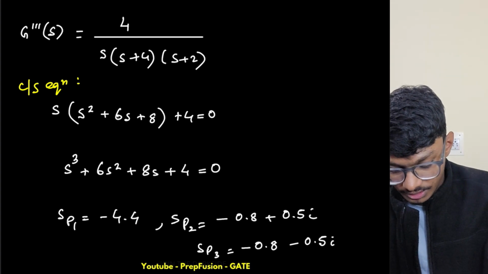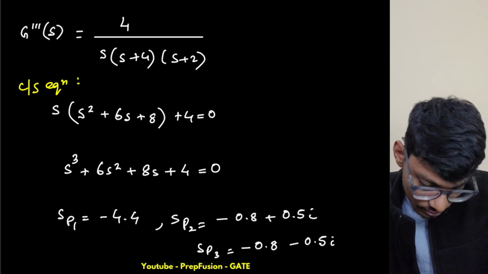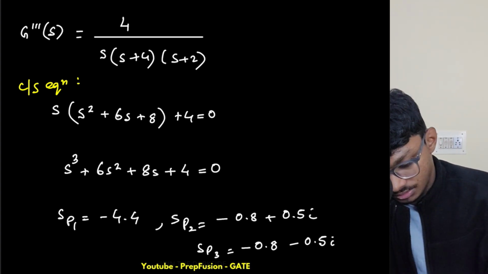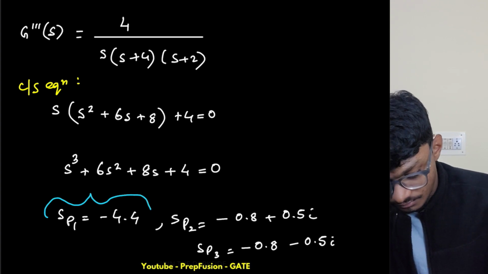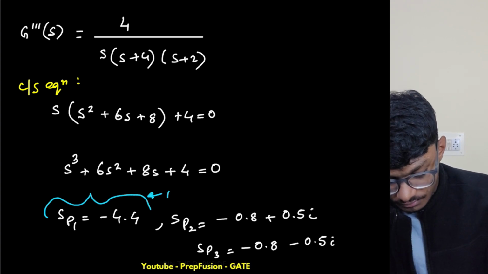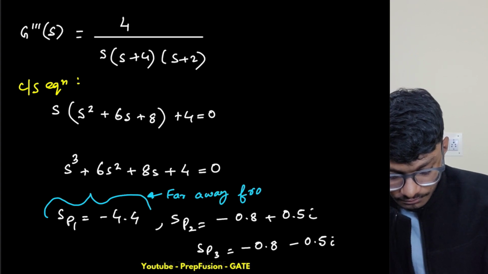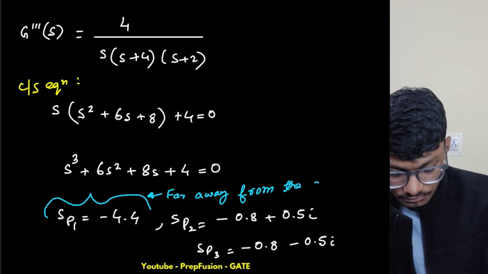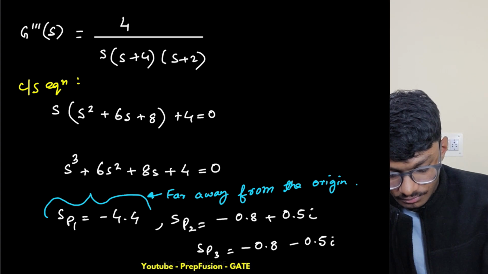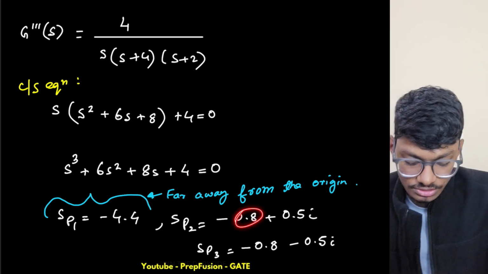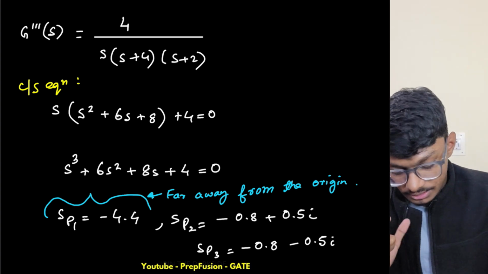It is very far away from the origin. So this is 0.8 and this is 0.5. Now we can ignore this.